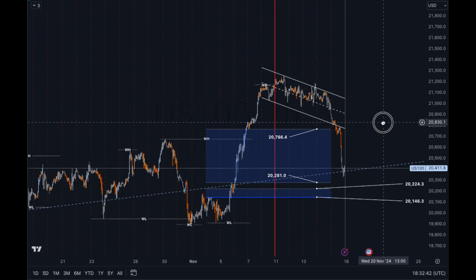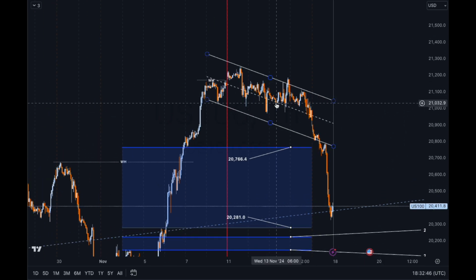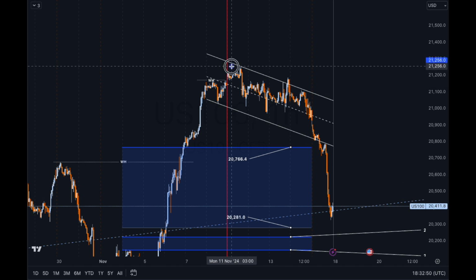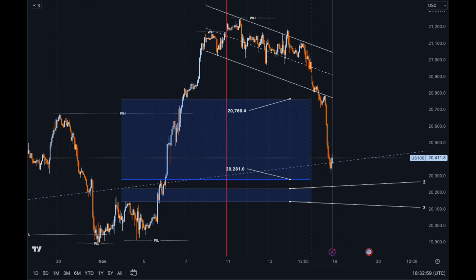And the first thing we're going to do now is lock in the new weekly high that was set for us on Monday last week. And then we're going to lock in the new weekly low that was set for us on Friday.